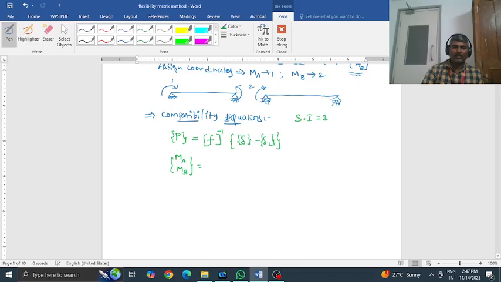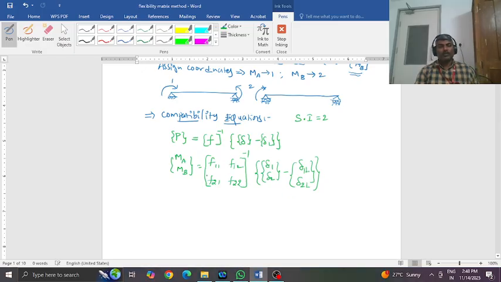If you have SI value 3, you will have a 3 by 1 matrix here. Now I'll have F11, F12, F21, F22, inverse. Now delta 1, delta 2, the delta matrix, minus the delta due to loads, delta 1L, delta 2L. Suffix L denotes loads. So these are the two equations that are required for solving this problem.